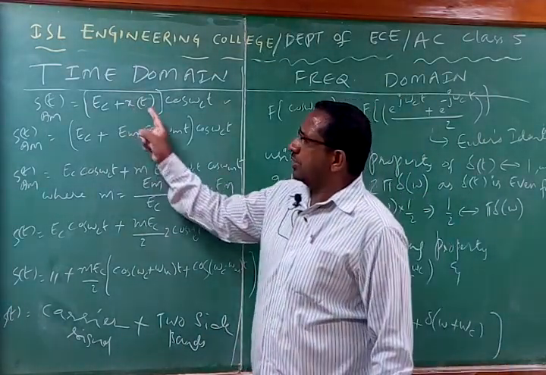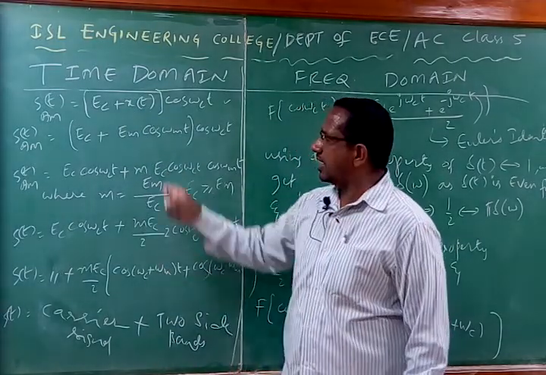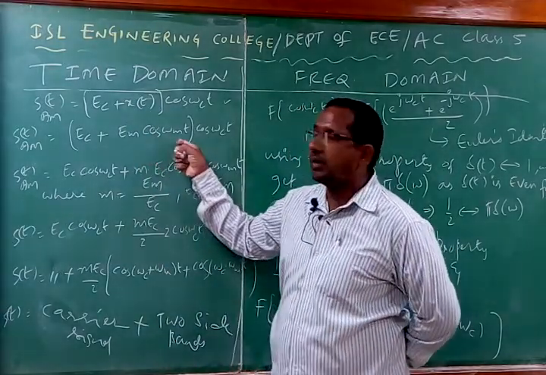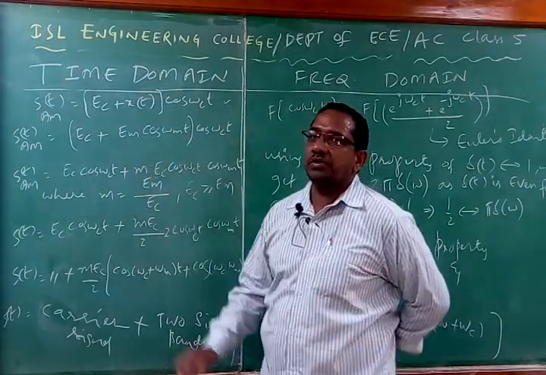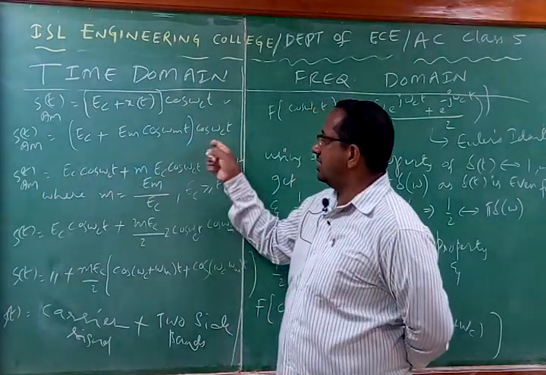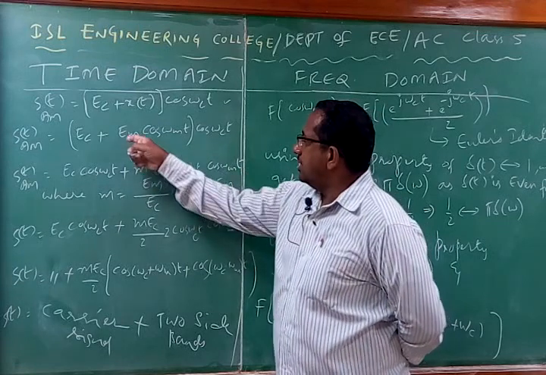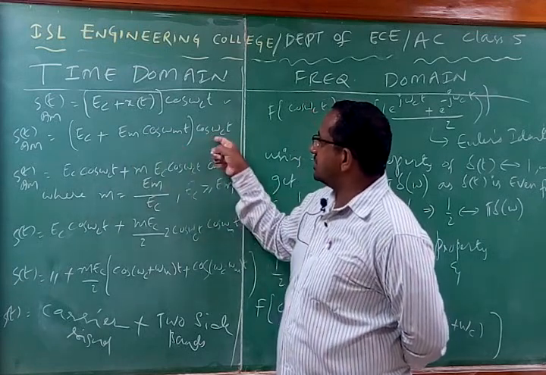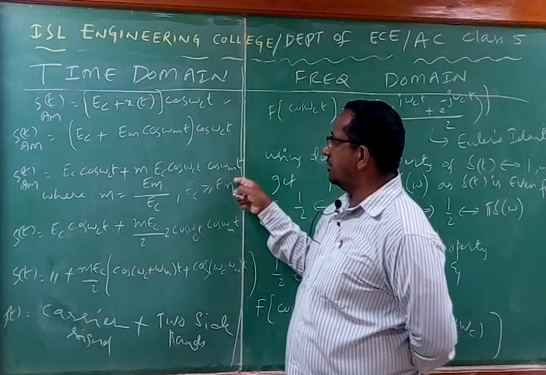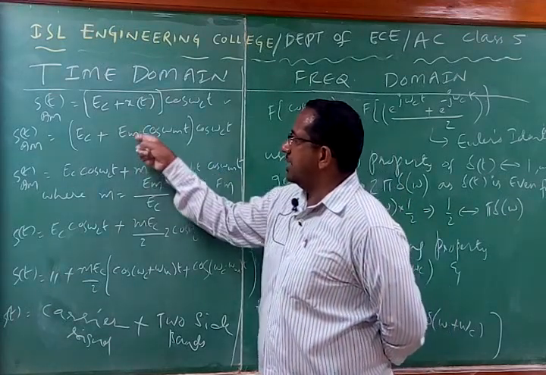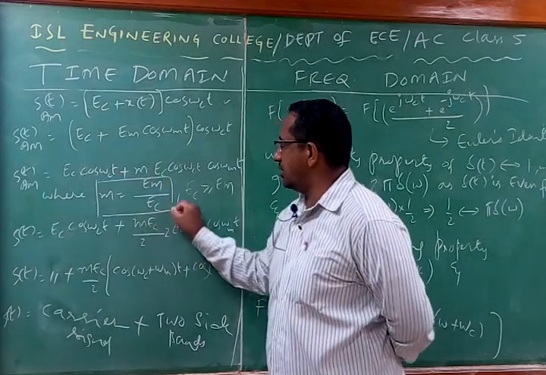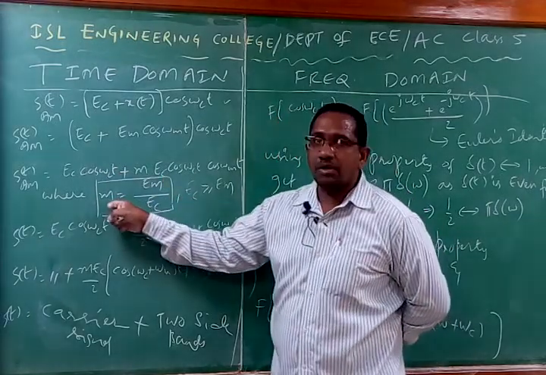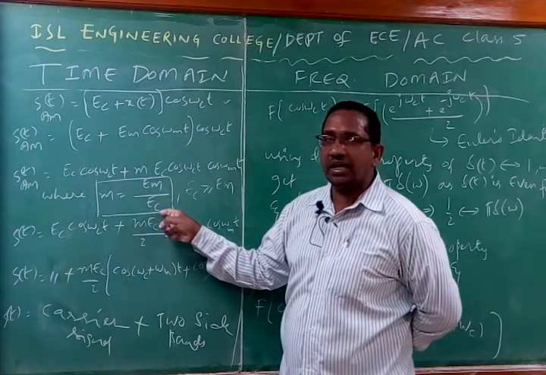Now, what is x of t? X of t is known as the message signal. I can write this as Em cos omega mt, and the rest of the things remain as they are. Then I simply multiply out: Ec cos omega ct plus Em cos omega ct into cos omega mt. I have replaced Em using the modulation index, m equal to Em by Ec.